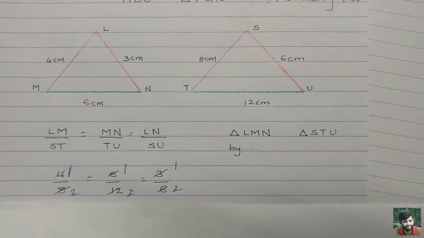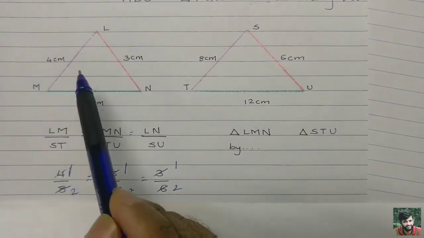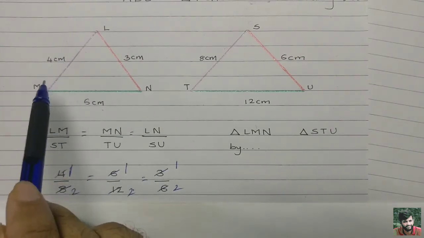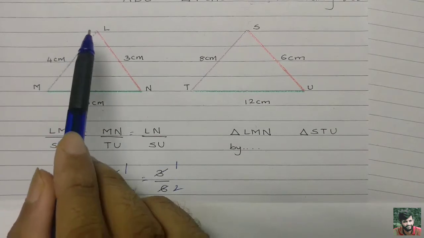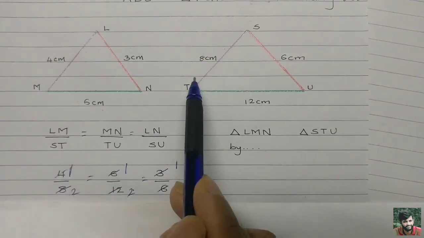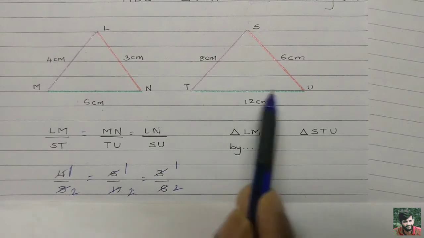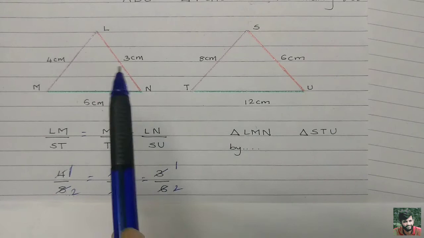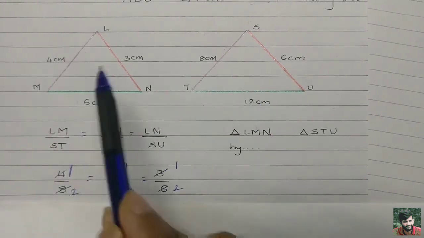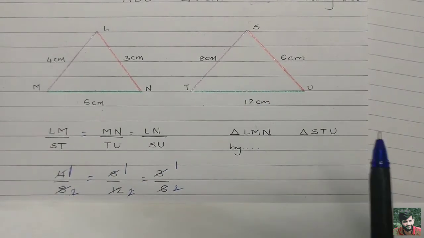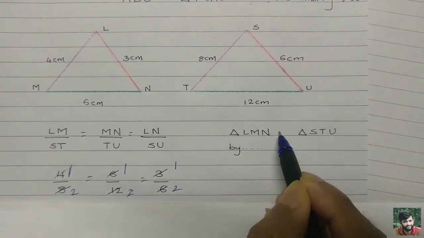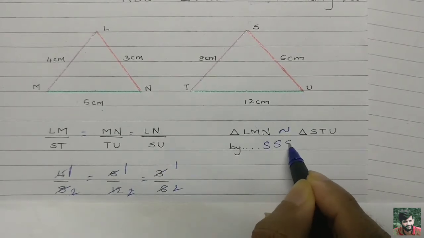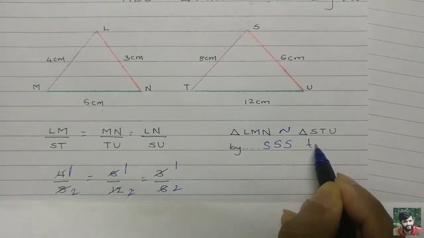This criteria says that if the sides of one triangle are in the ratio with the sides of the other triangle, that means this upon this is equal to this upon this is equal to this upon this. If the ratios of the sides are equal, then the triangles are similar by side side side similarity test.